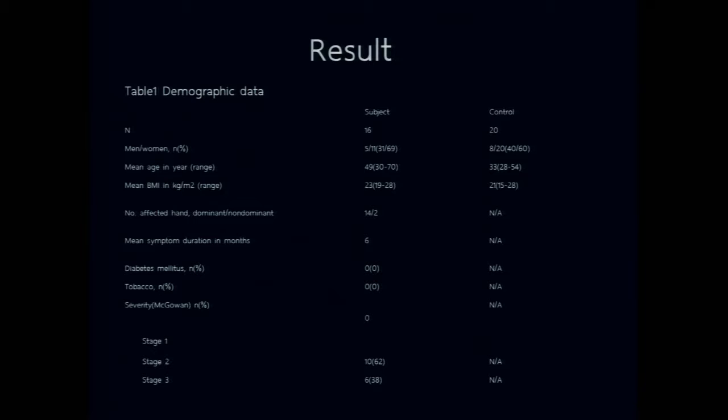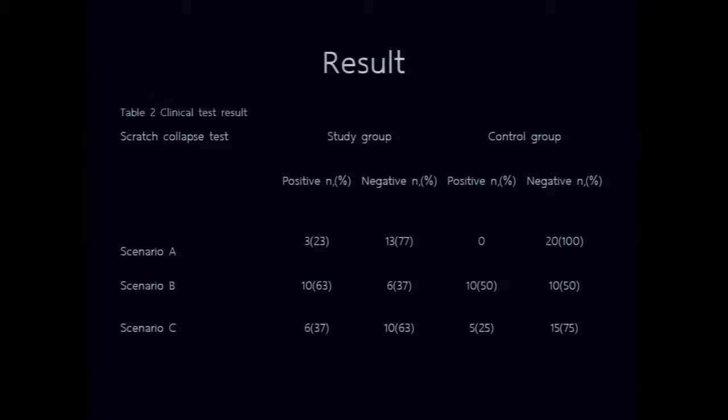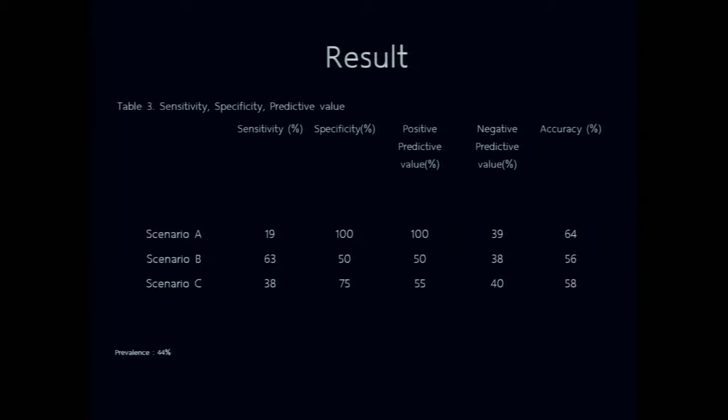We had 16 patients and 20 in the control group. From the scratch collapse test, we categorized results into the 3 scenarios as I mentioned. For scenario A, there were positives in 3 patients. For scenario B, there were positives in 10 patients, and 6 patients in scenario C. So we calculated the sensitivity and specificity.